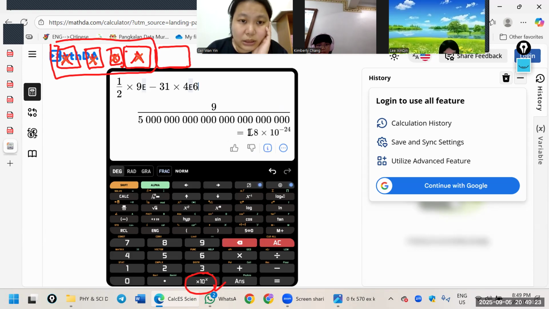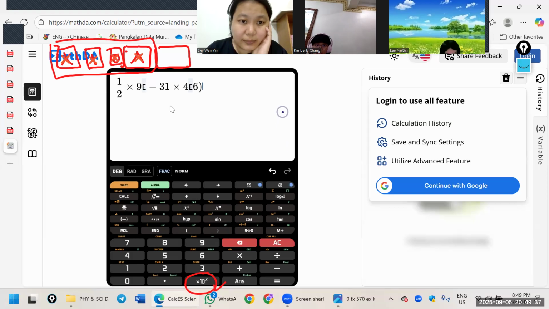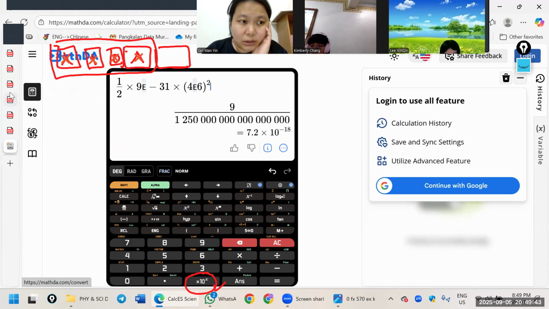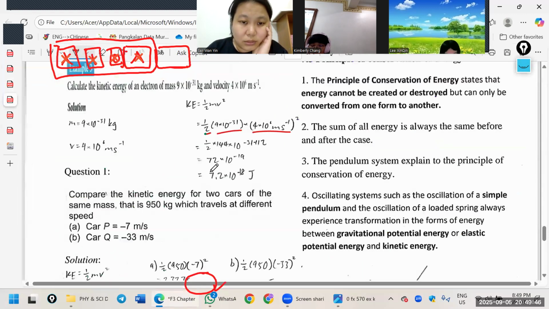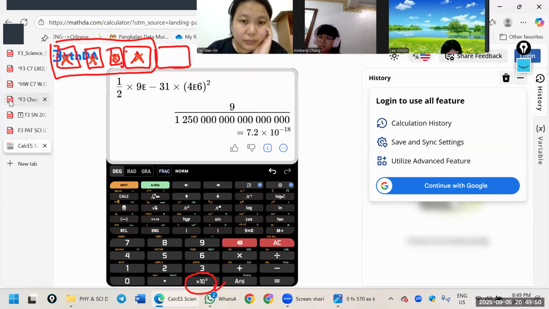Yeah, so you will get this, times 4 powers of 6. 9436. Oh, square. I forgot square. Sorry. So 7.2 powers of negative 31. Can?